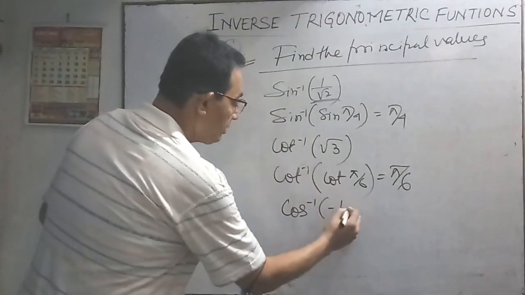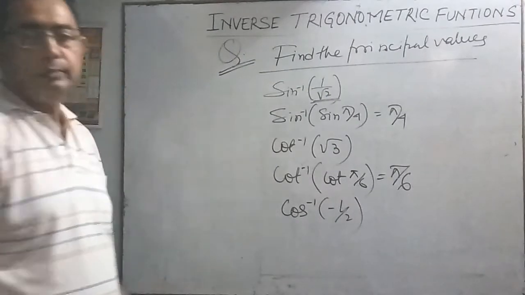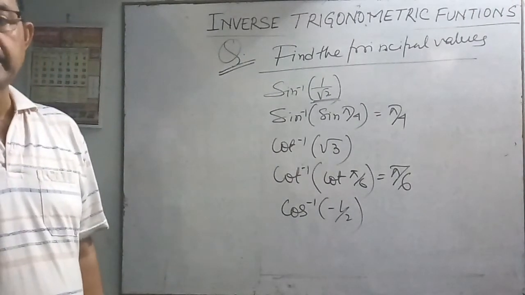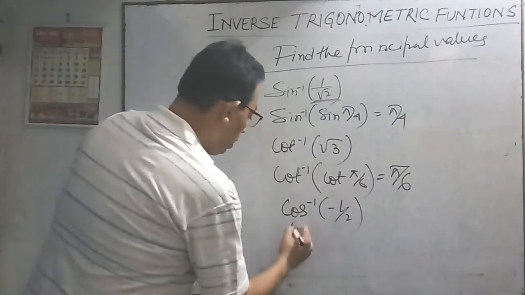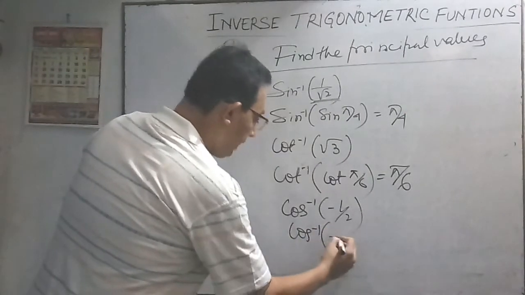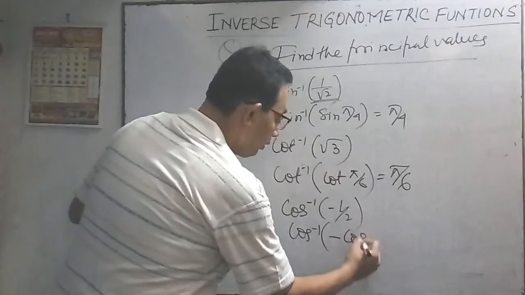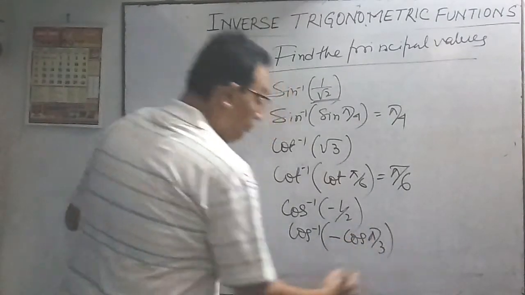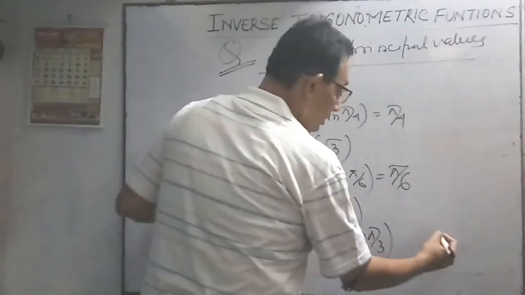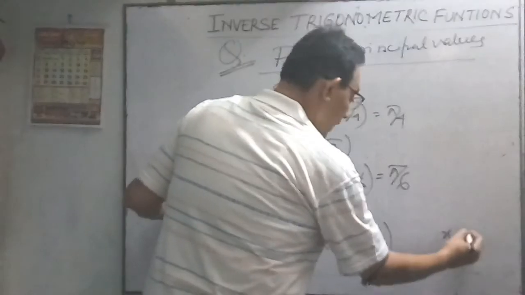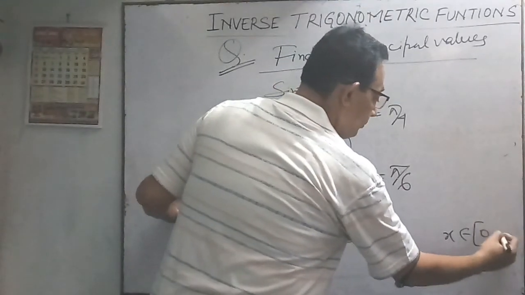Cos inverse minus 1 by 2. Cos of what gives 1 by 2? Cos pi by 3. But cos inverse lies between what? 0 to pi.